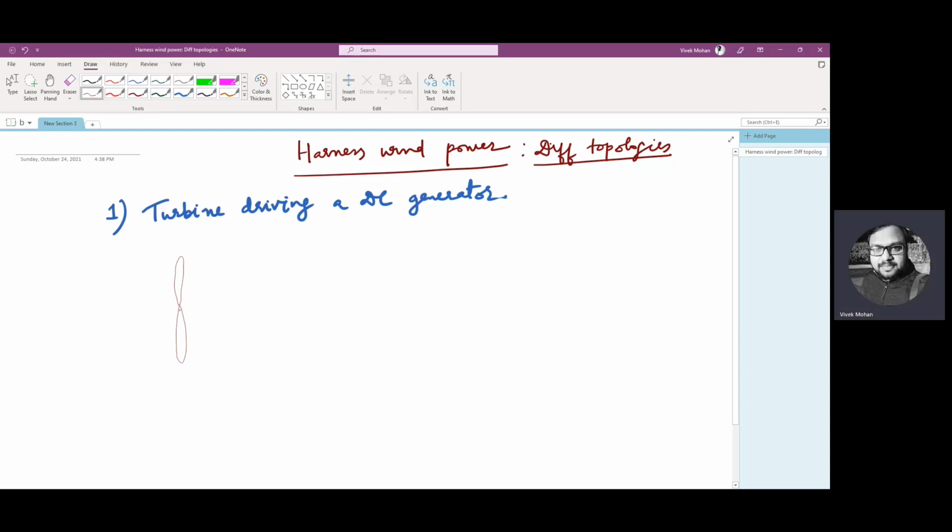Now let's mark this as number 3. Each component I am numbering. So this is a DC generator.